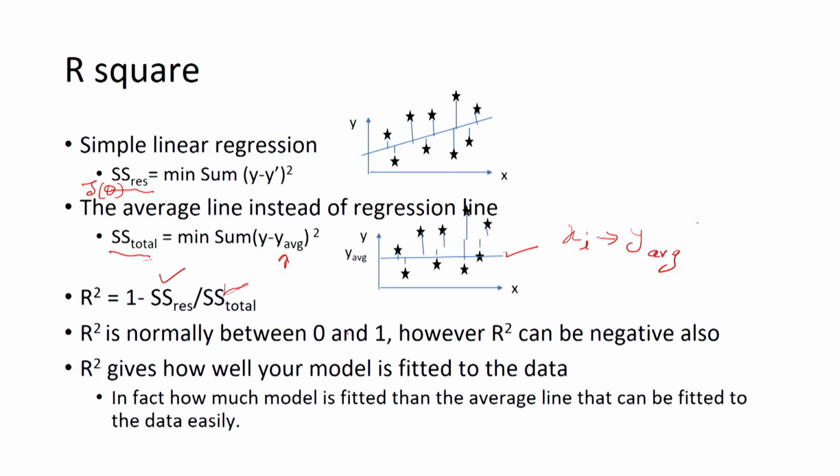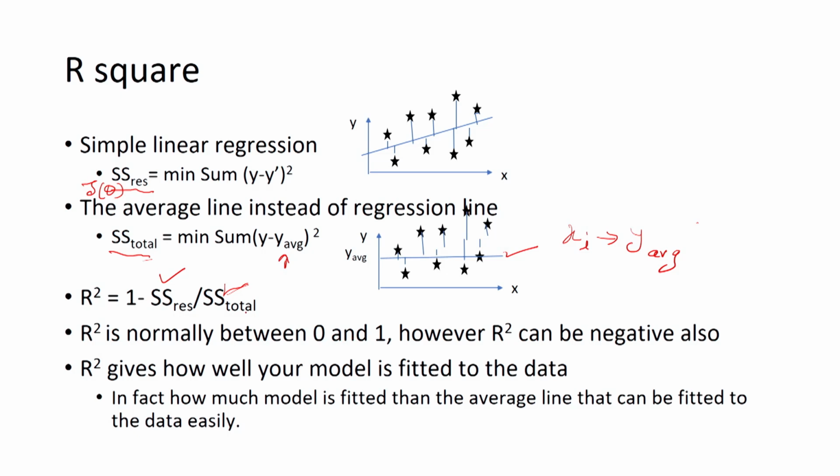It is 0 when SS residual is the same as SS total, because then 1 minus 1 gives 0. So, R square's value will normally be between 0 and 1.